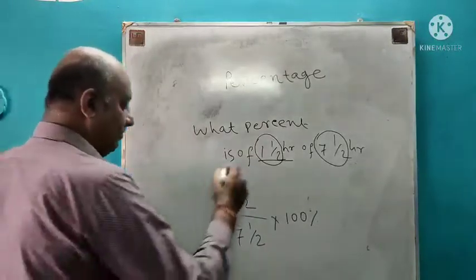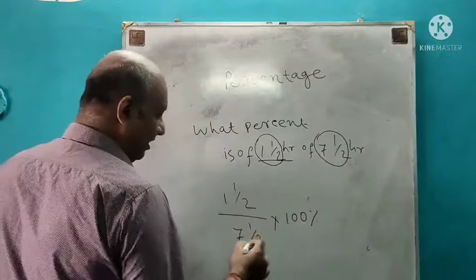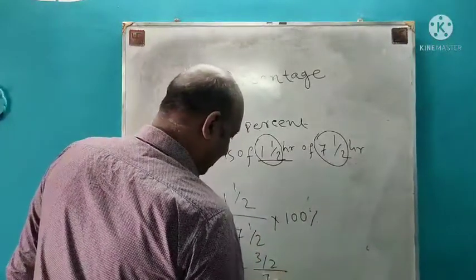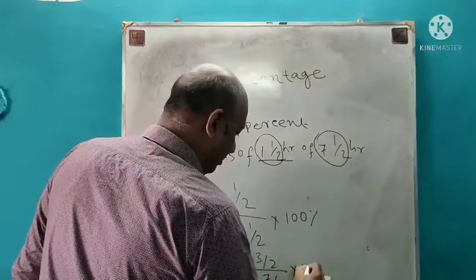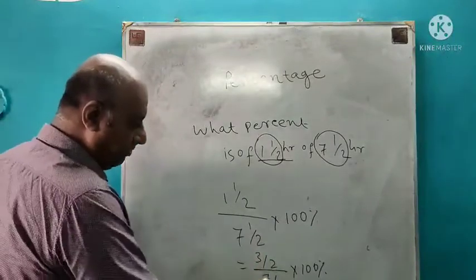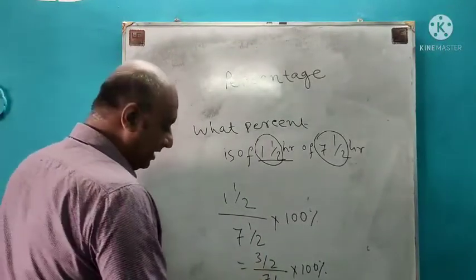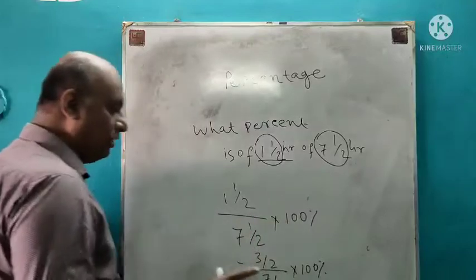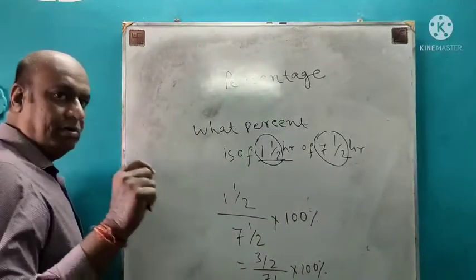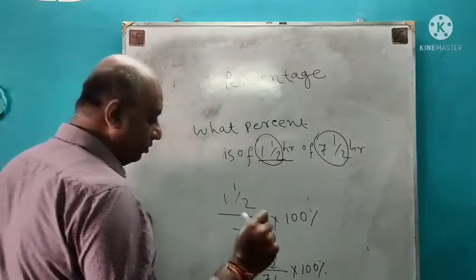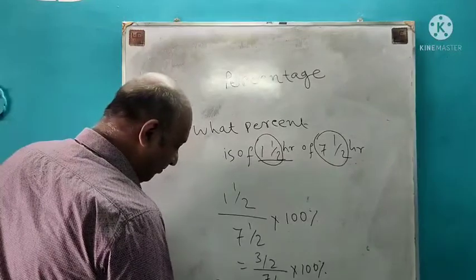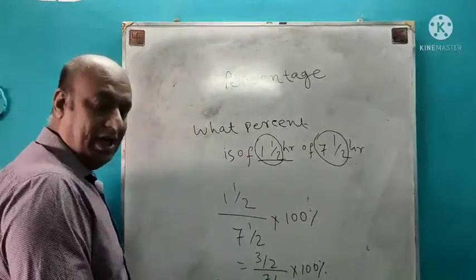So let's calculate. 1.5 we can write as 3 by 2, and 7.5 as 15 by 2, into 100%. Now, those who can solve this in this format, solve it in this format. Those who have problems understanding this format, if you do one thing, it will become very easy. So let's do the easy way. 3 by 2, this line stands for the division symbol.